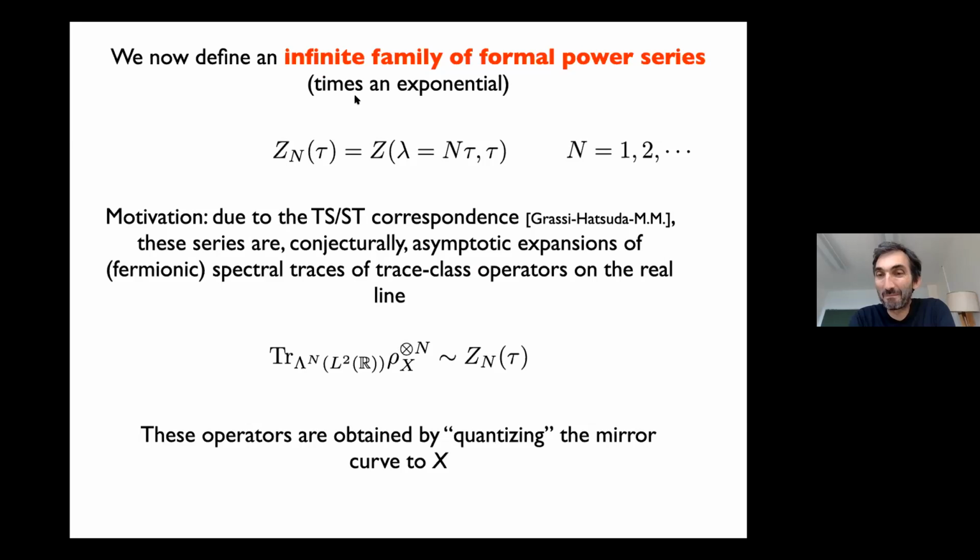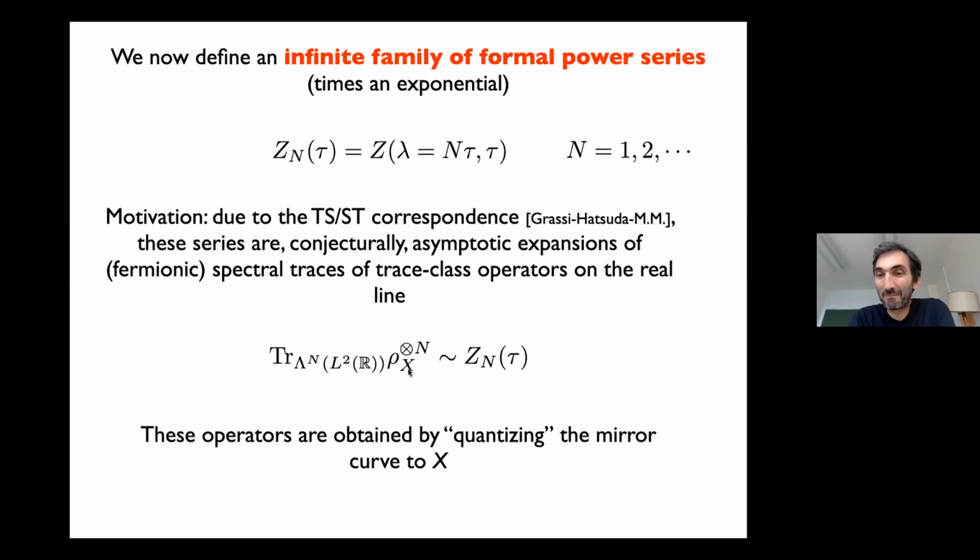Now, why am I doing all this? It's not completely natural, right? For example, this quantization of the Kähler parameter is sort of related to the AdS/CFT correspondence, but it's not clear why I should do this. Now, there is a very clear motivation for doing this, and this is what we call the topological string/spectral theory correspondence that was developed by Alba Grassi, Yasuyuki Hatsuda, and myself some time ago. This correspondence has many implications, but one of them is that these power series, Z_n of tau, are actually asymptotic expansions of spectral traces of trace class operators.